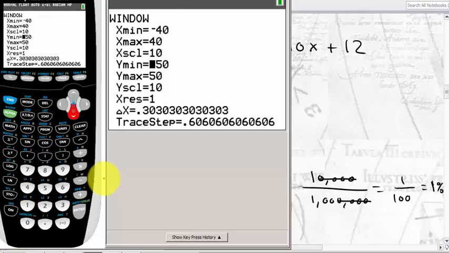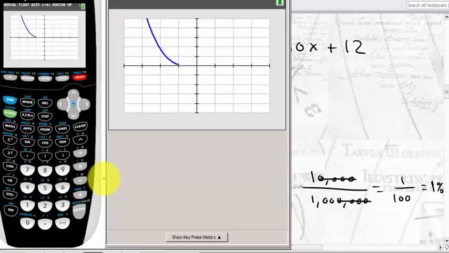And for my y min, y max, I'm going to go 1,000 times bigger than that, so negative 50,000 and 50,000. And on my y scale, I'm going to take, I guess, 10,000. Here we go. Let's look at the graph. That's f, and that's g.